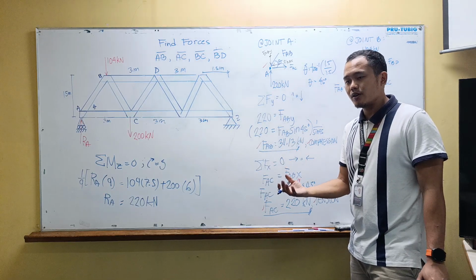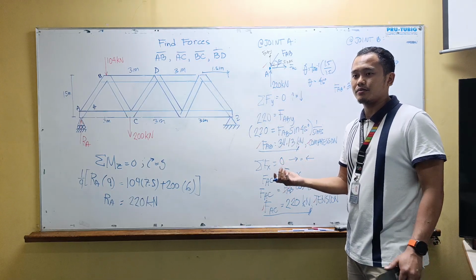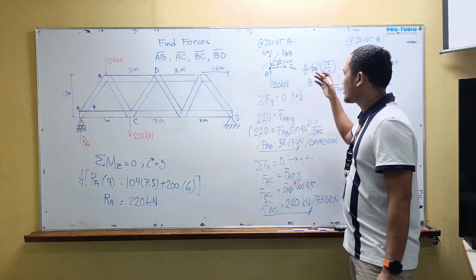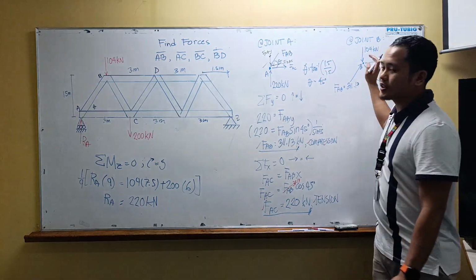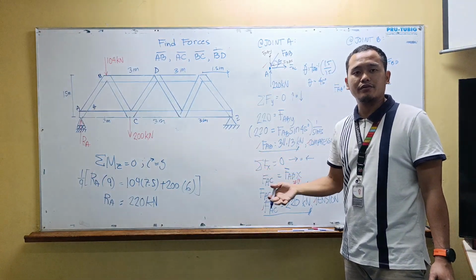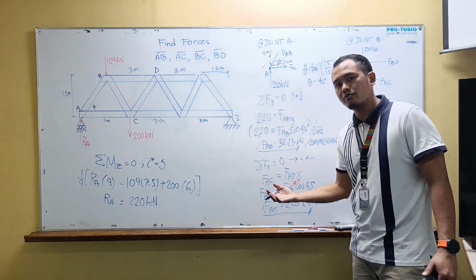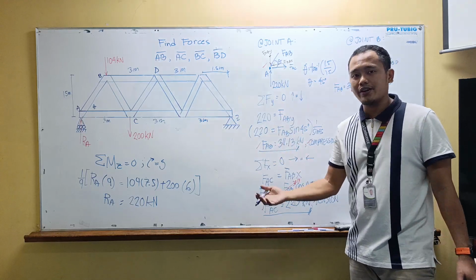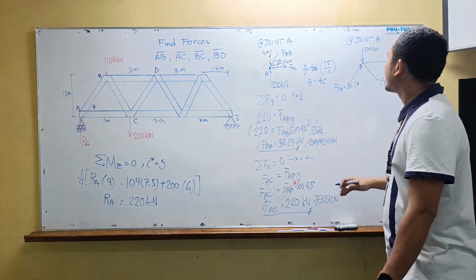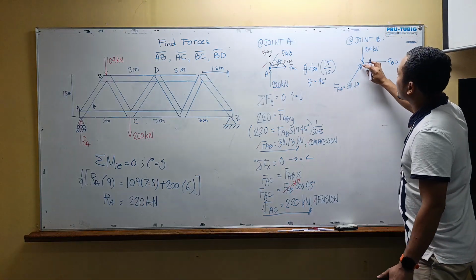That means we got the direction wrong. So if you assume that it's compression and then it comes out negative, that means it's tension, and vice versa. If you assume it to be tension and then you get a negative answer eventually, that should be compression. And we'll see along the way, right?